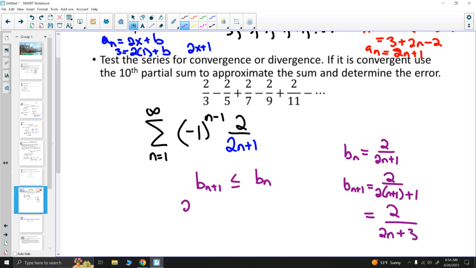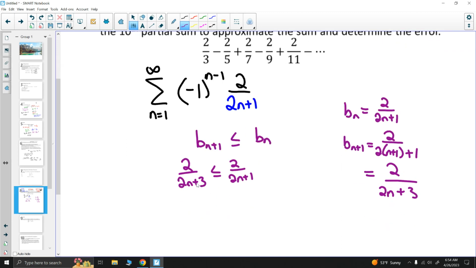Okay, so we're seeing, is 2 over 2n plus 3 less than or equal to 2 over 2n plus 1? And again, I think it's pretty obvious. The tops are the same, so we're just looking at the bottoms here. The bottom here is a bigger number, always, so that does check out.